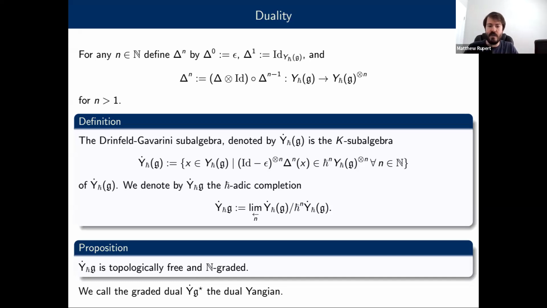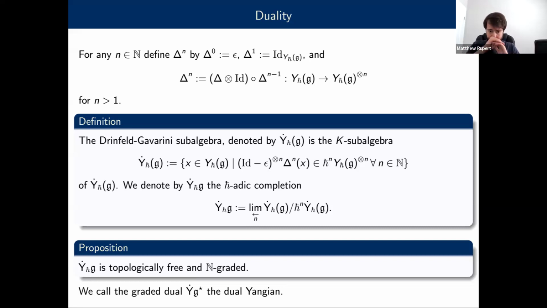Then the Drinfeld-Gavrini subalgebra is this very unnatural looking thing, which we'll denote by y dot, and it's the subalgebra of the Yangian consisting of those elements where if you evaluate by this operator delta n, and then you evaluate by the nth tensor power of the identity minus epsilon, then you get something that has an h bar to the n appearing in it for every n.